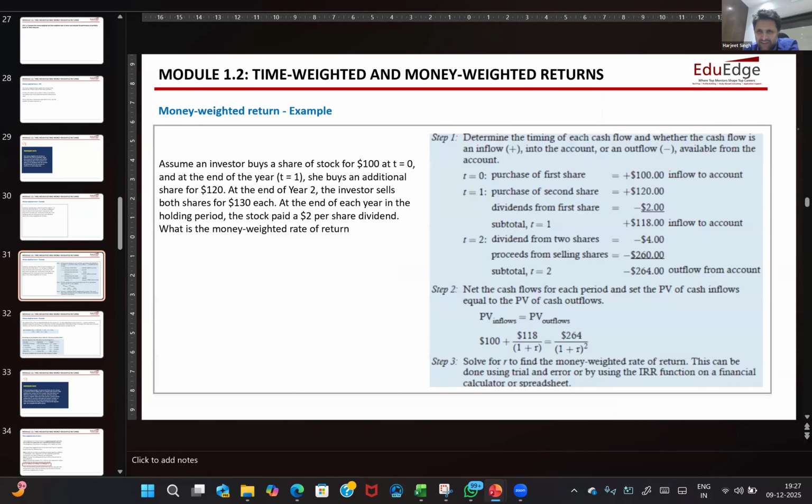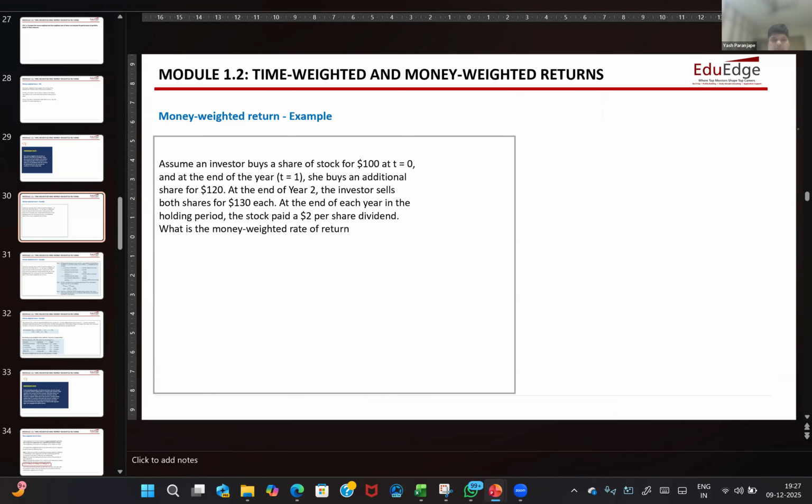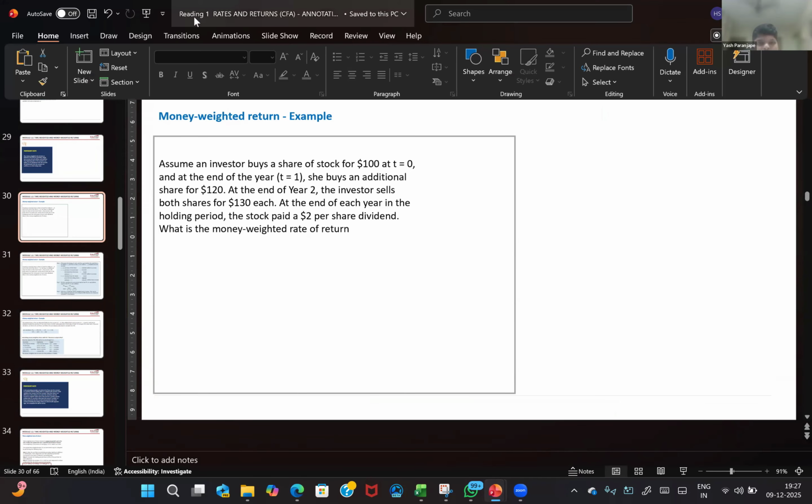So we have already solved these examples. In fact, you can try slide number 30 later. This is in the reading one PPT or notes. Slide number 30, reading one.